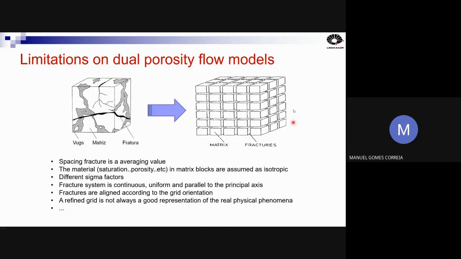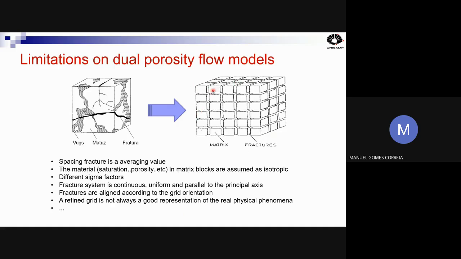So inside each block in the dual porosity flow models, the simulator sees our geological characterization like this. So this is a huge transformation because we lose a lot of data that we have characterized in the geological model, like different fractures in different scales with different permeabilities, and then the simulator sees your fracture network like this.